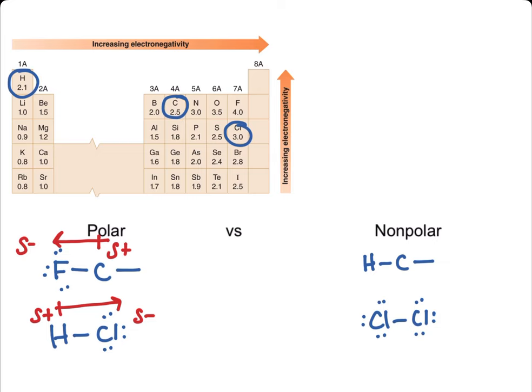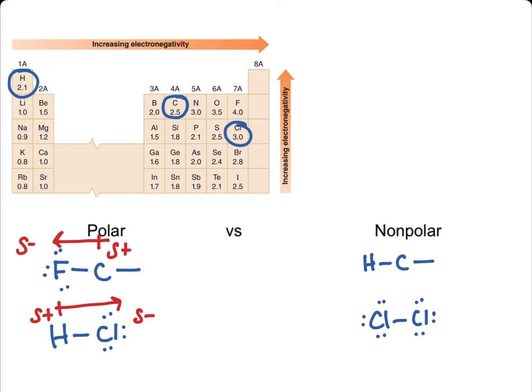Because they're sharing equally, we don't use those symbols to describe polarity, because this is a nonpolar bond. All of the diatomic molecules that have one element are going to be nonpolar. H2, Cl2, O2, F2, all of these diatomic molecules are going to be nonpolar molecules.